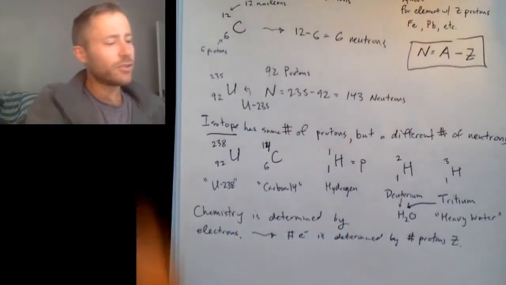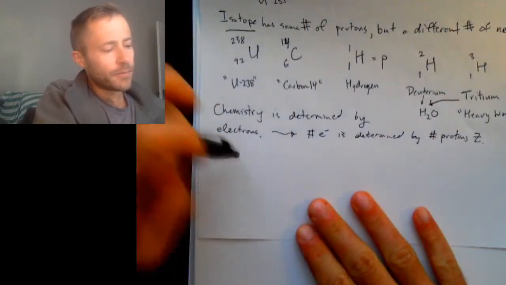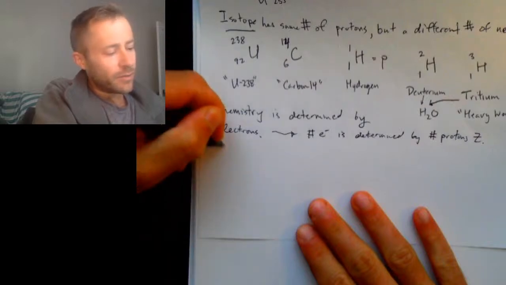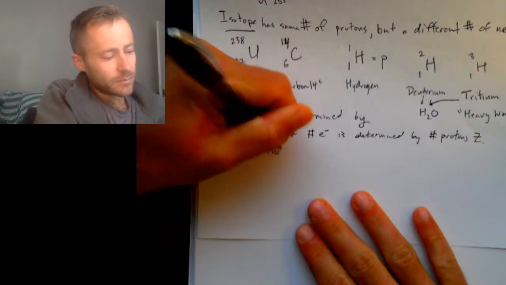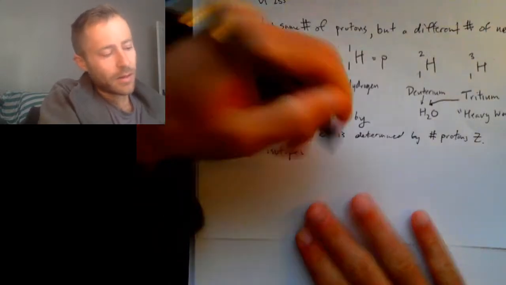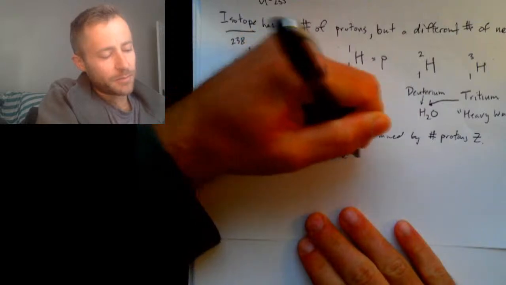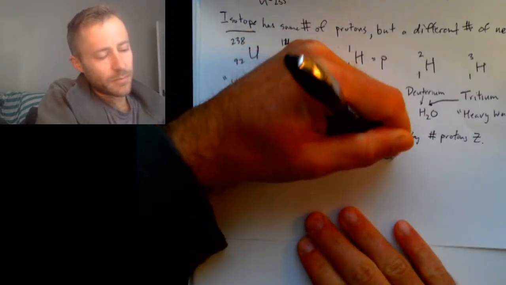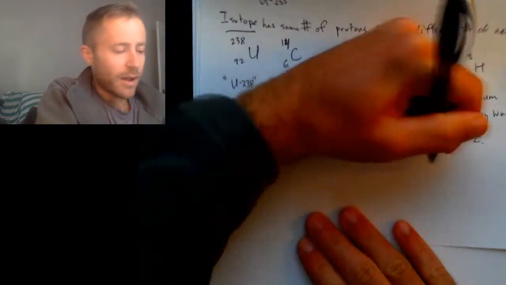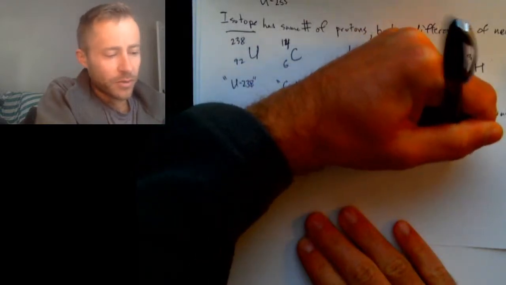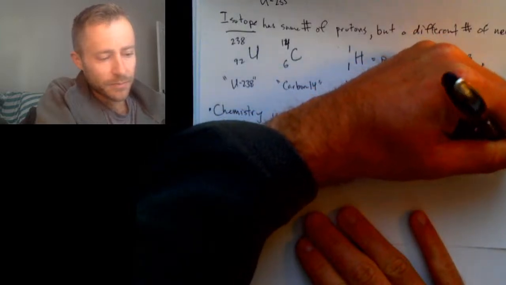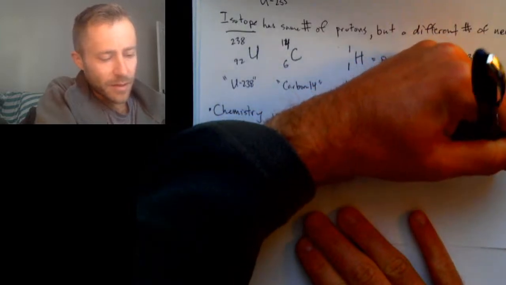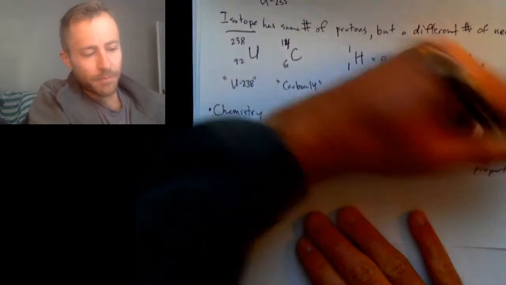So different isotopes of the same element have approximately the same chemical properties, but not quite, okay?